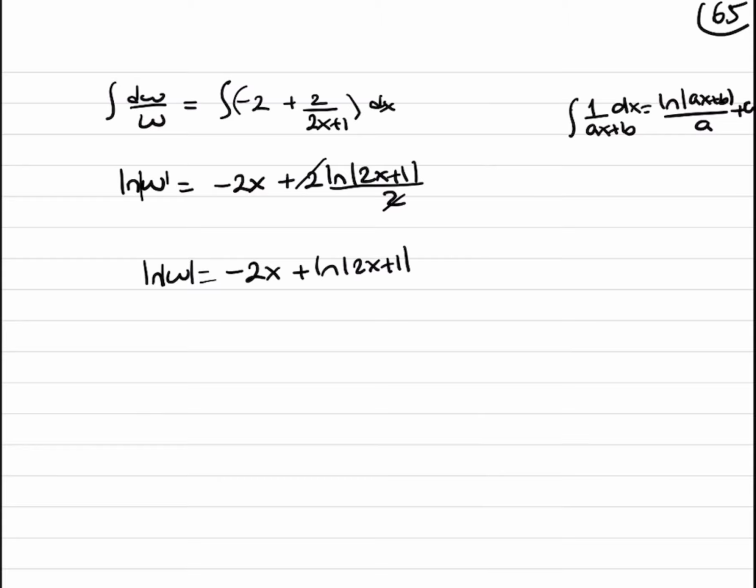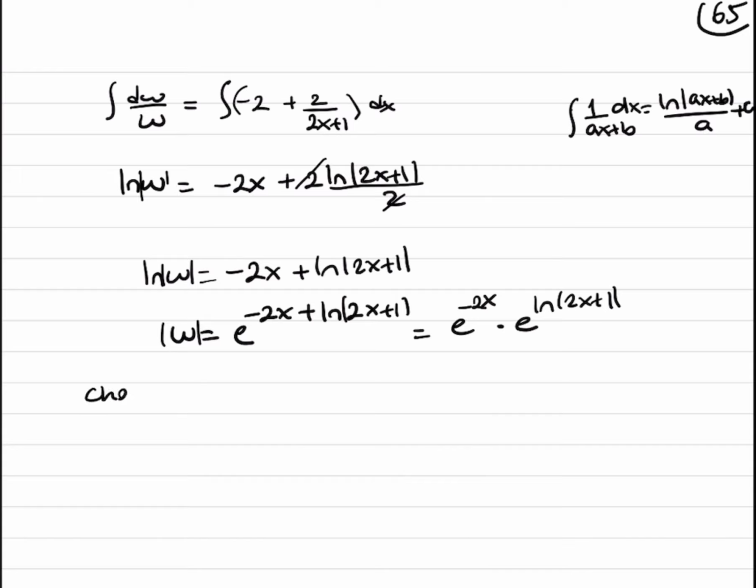So we can write w as e to the power minus 2x plus ln 2x plus 1. We can write it like this, e to the power minus 2x times e to the power ln 2x plus 1. Assuming that everything is positive, choose w as you can see, I didn't write c, so choose c equal to 0 everywhere.